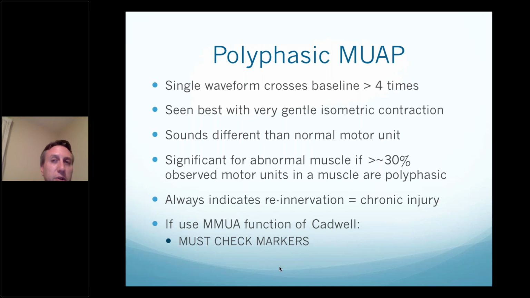The magic number, and this may vary a little depending on what reference you use, is generally about 33 to 40%. That's why we look not at just one motor unit in a muscle, but at the suggested guideline of at least 12 different motor units. And if more than 30% of them are polyphasic, then that muscle as a whole is abnormal.